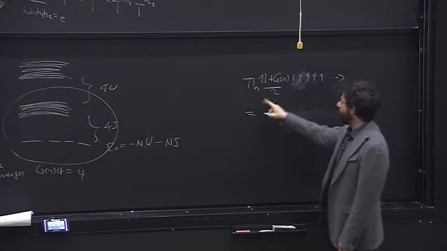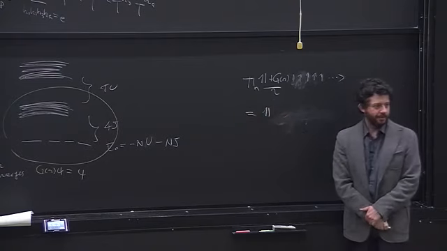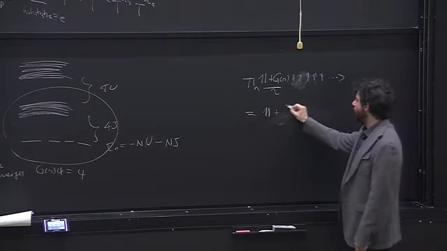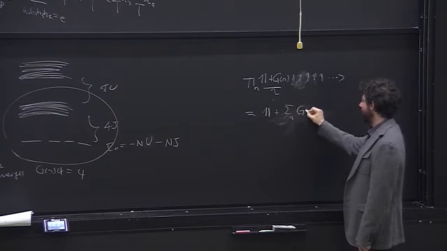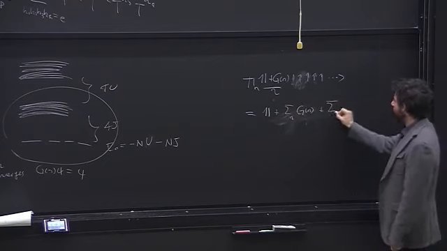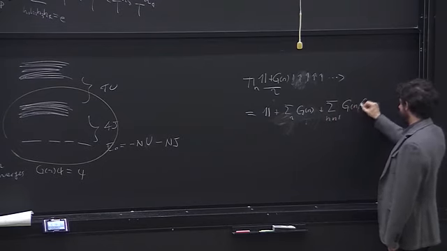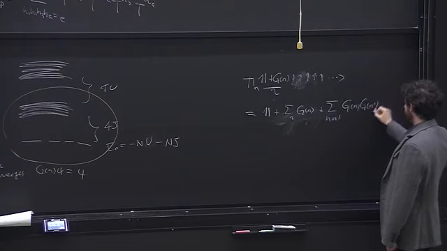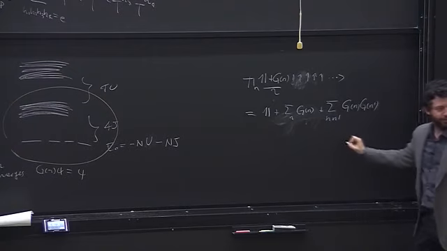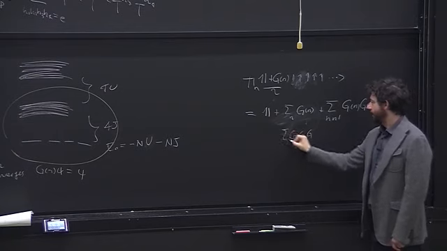So if I expand this product, you see that I have the identity. Then I have the sum over all the Gn's. Then I have the sum over all the pairs of Gn's. Then all the triples, and so on and so forth.